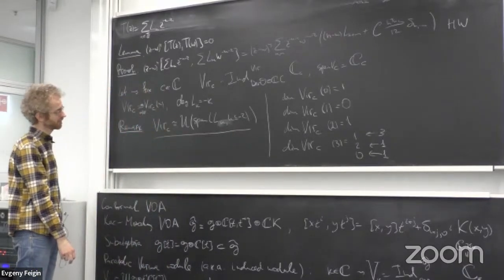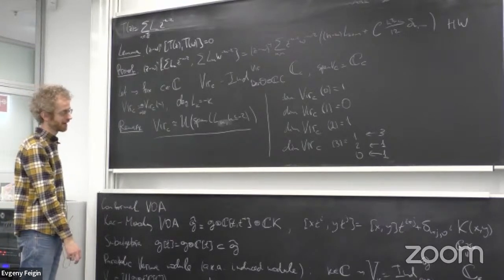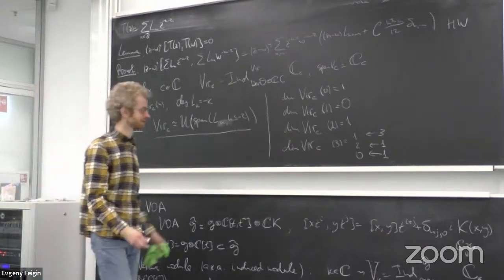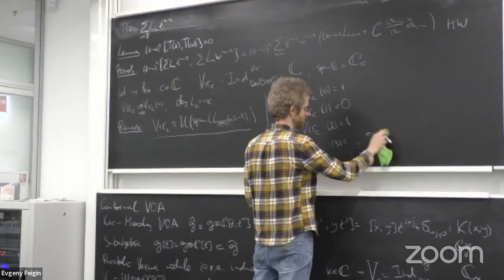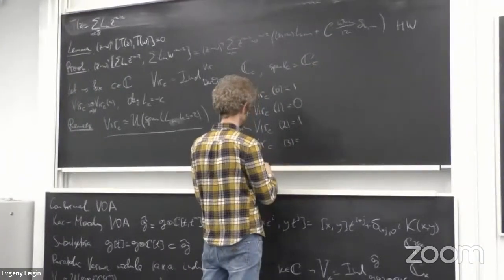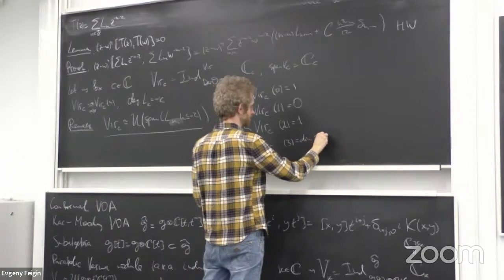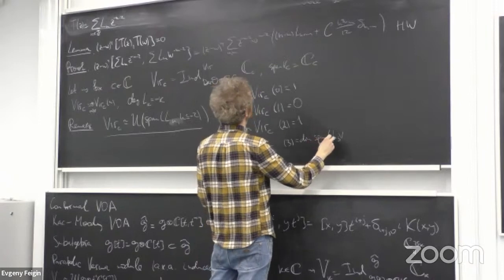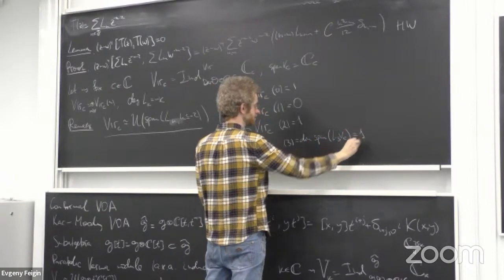So the only way we can get there is acting by L minus 3. So this is the dimension of the span of L minus 3 B. And therefore this is 1.